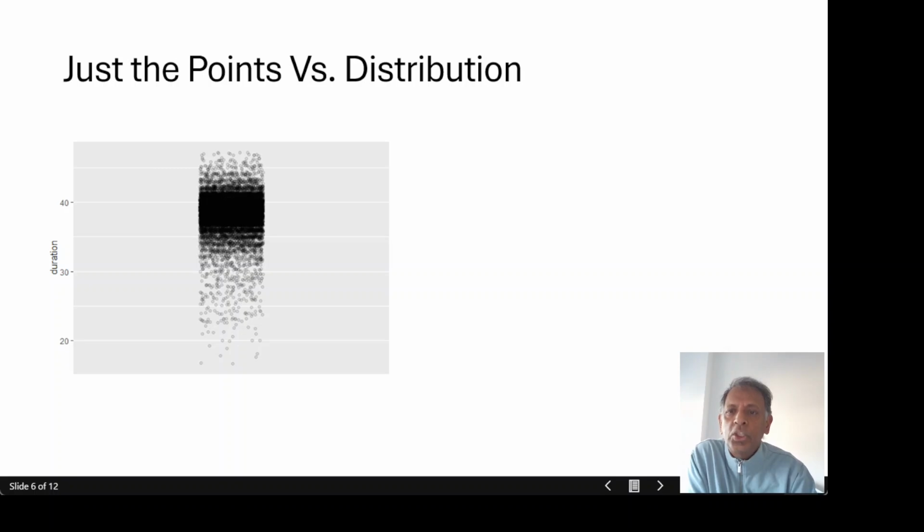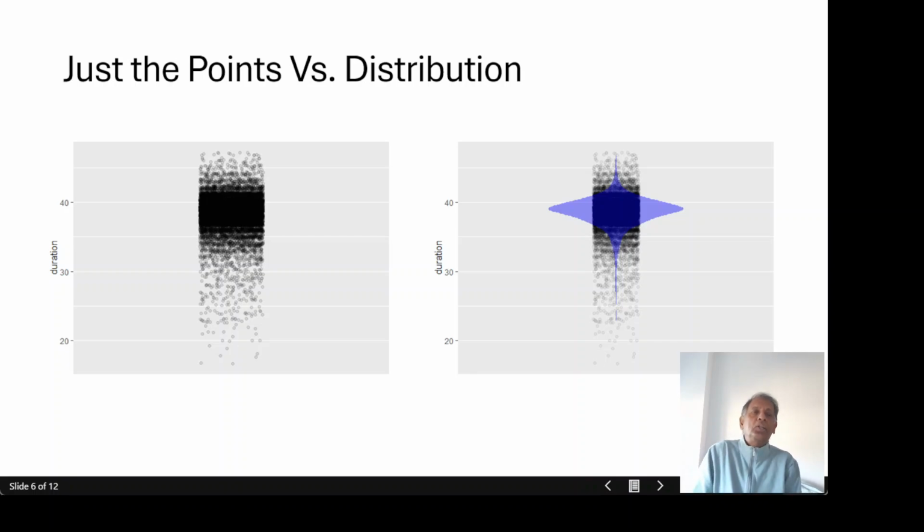Okay, so this is just the points but jittered, and here is the distribution of the points. Now the distribution of the points, what it tells us is, you can look at one side or the other side, you don't have to look at both sides, it's going to be completely symmetrical. What it's telling you is the height of this thing is going to tell you the relative number of points which are in that area. So here you can see this is very tall.